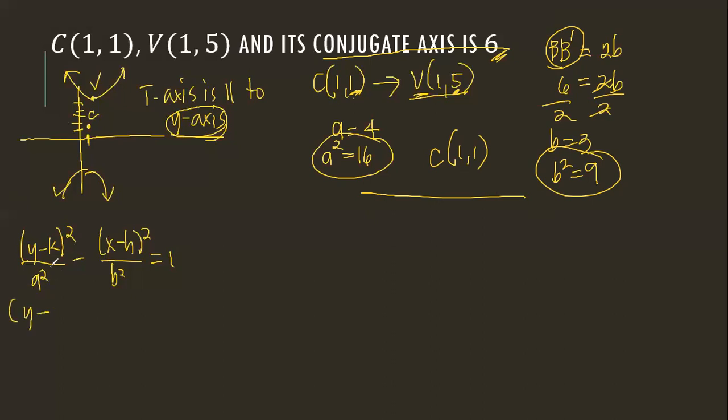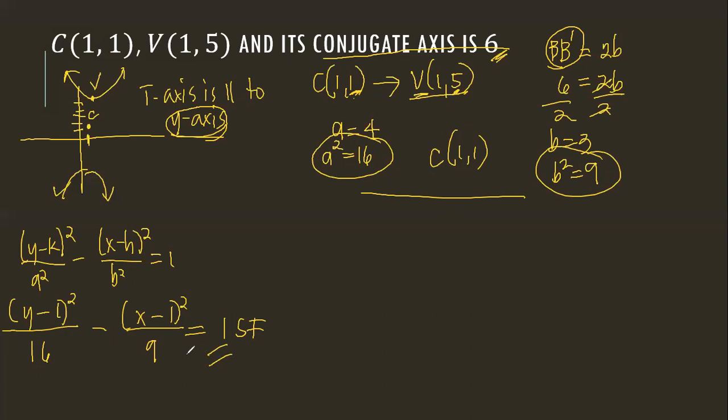So we have y minus k, which is 1, square over a square is 16, minus x minus h, which is 1 square, all over b square is 9, equals 1. So this is the standard form. To get the general form, expand.